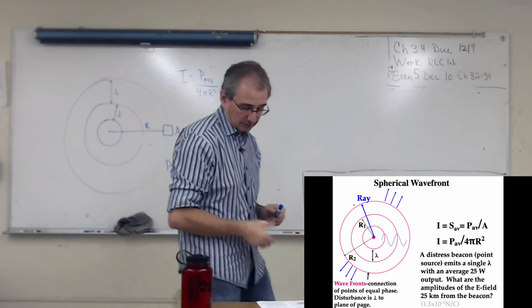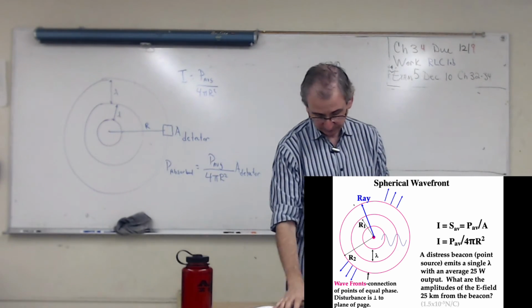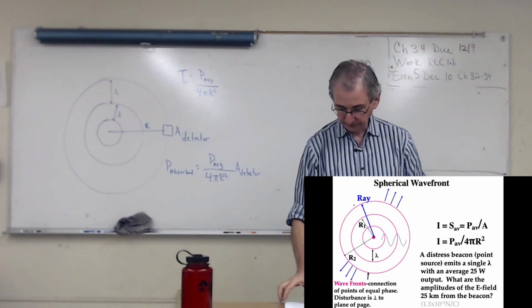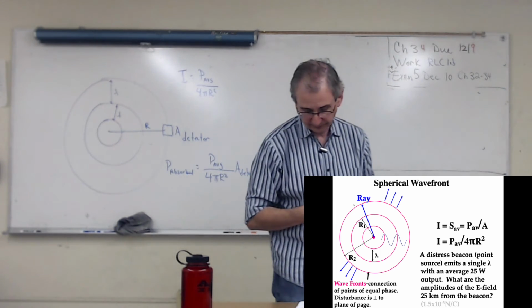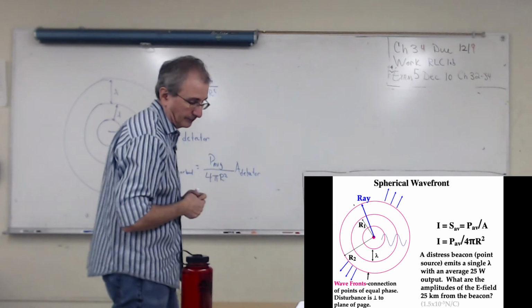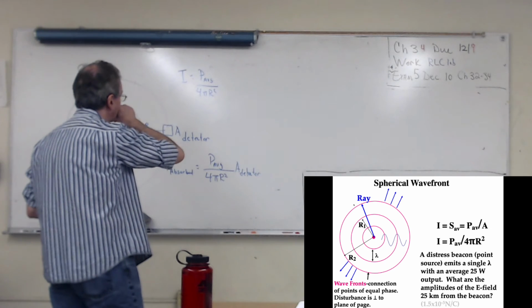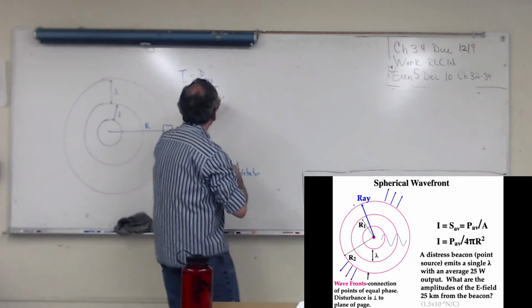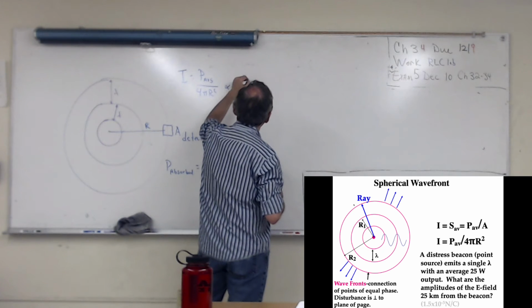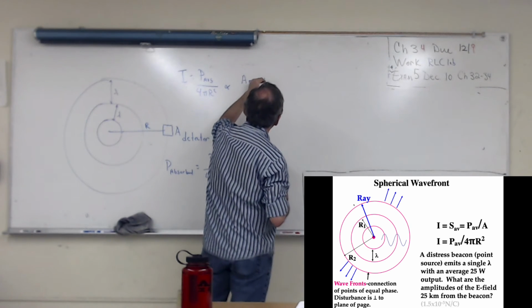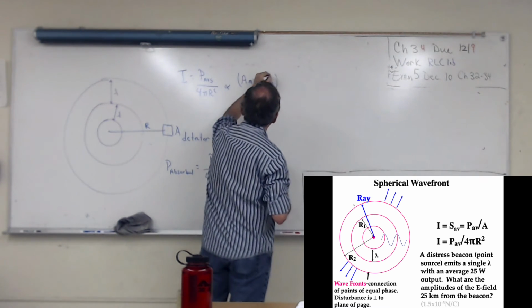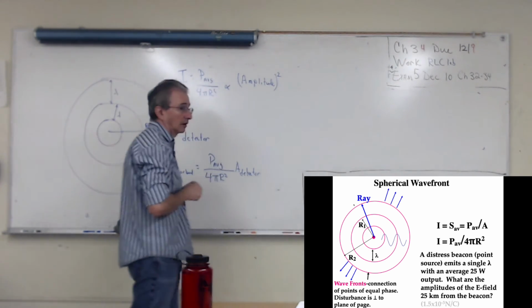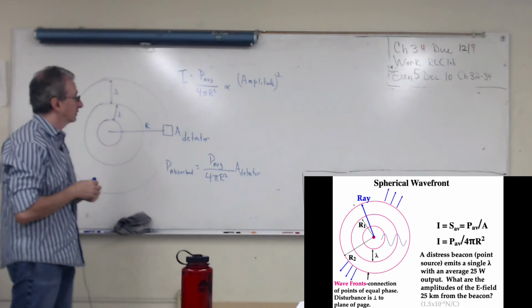Okay? The intensity, then, we say, because P average depends on E squared, is proportional to the amplitude squared, the squared electric field.